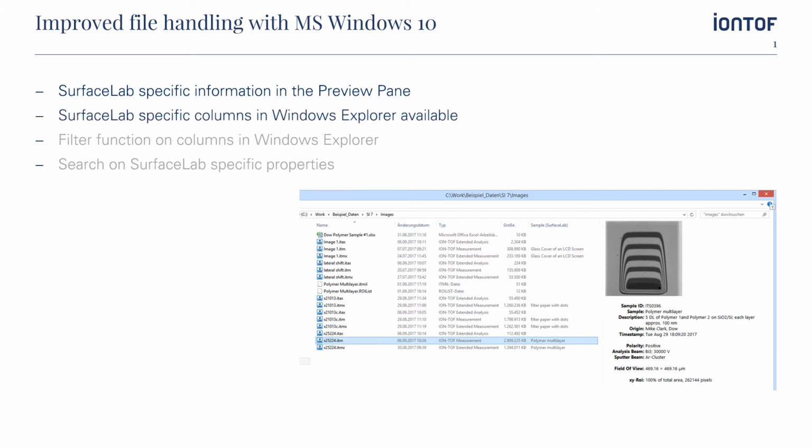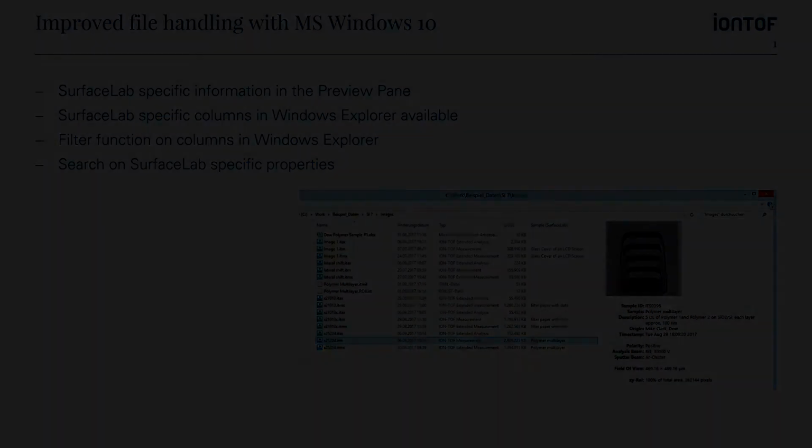SurfaceLab will also be able to generate specific columns in the Microsoft Windows Explorer. You can use the filter functions in the columns of the Microsoft Windows Explorer. The new feature will also allow you to use the Microsoft search function to search for SurfaceLab specific properties.